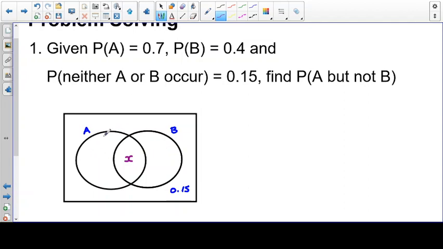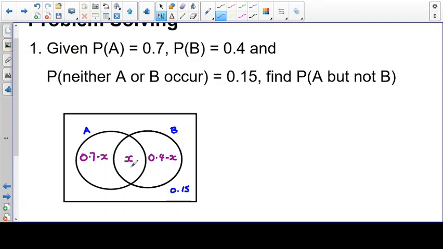That means that I can write an expression for this moon. Well, if the whole thing is 0.7, then that must be 0.7 minus x. And if this whole thing is 0.4, that must be 0.4 minus x.